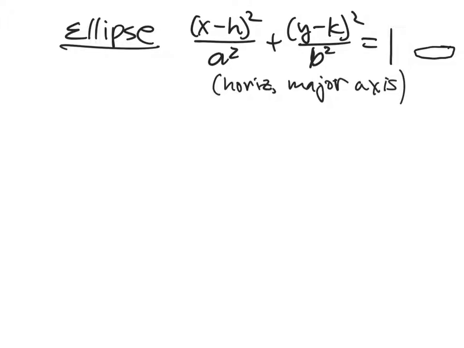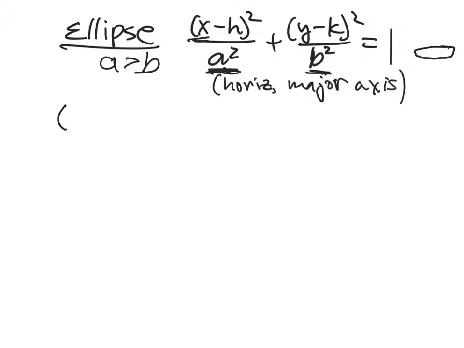The a and the b. a is always greater than b for the ellipse. So whichever one of these is larger, in this case we're showing it under the x, that will determine the major axis.